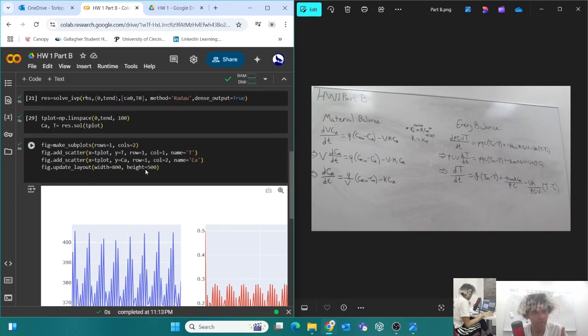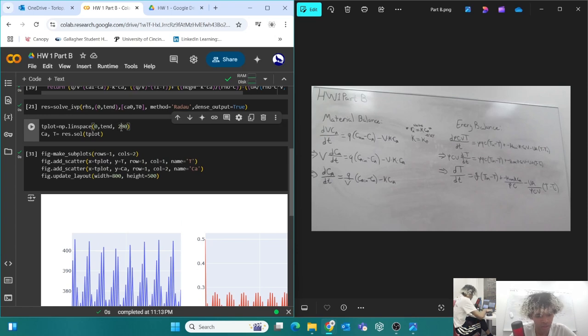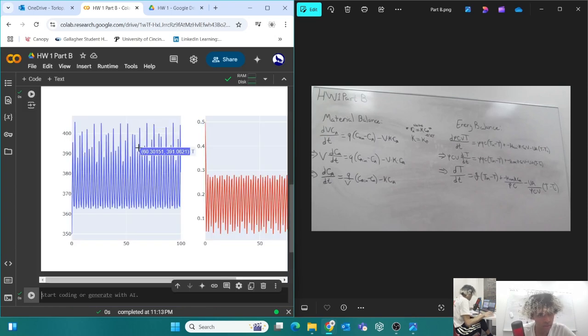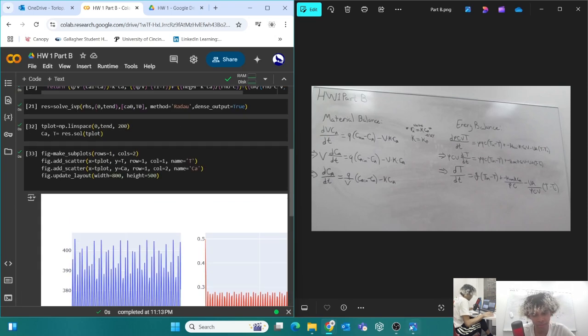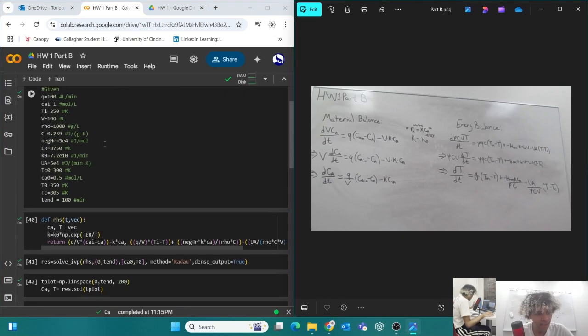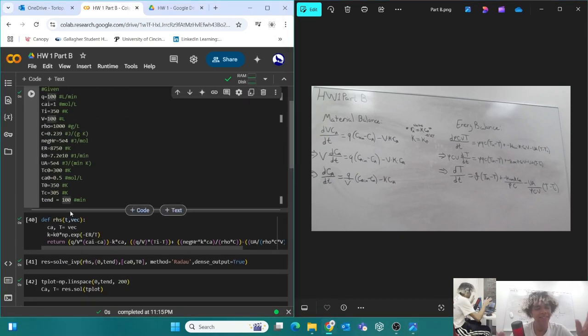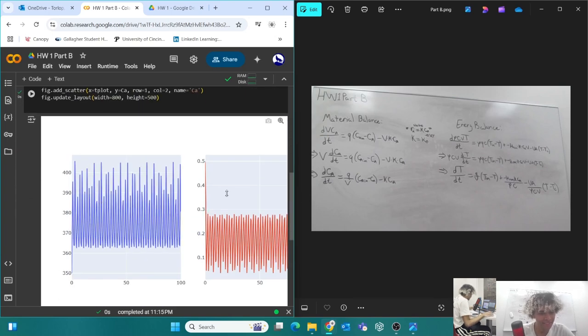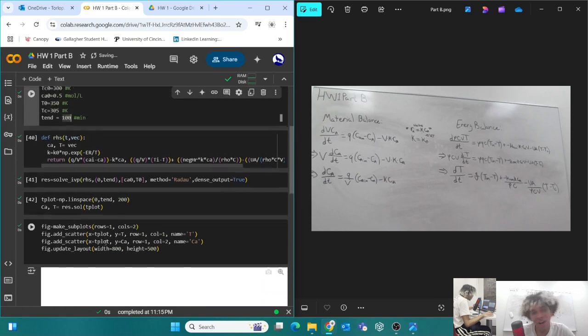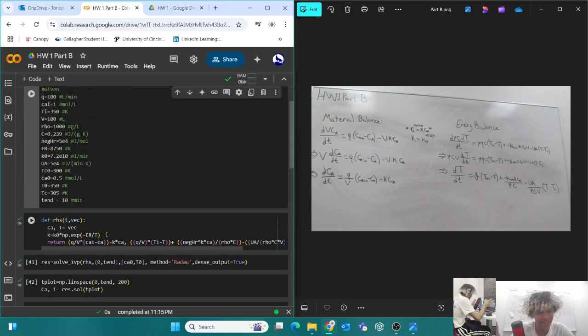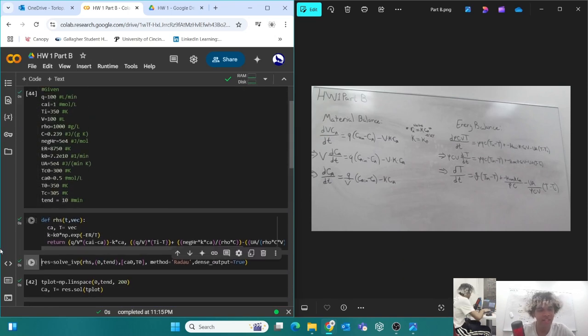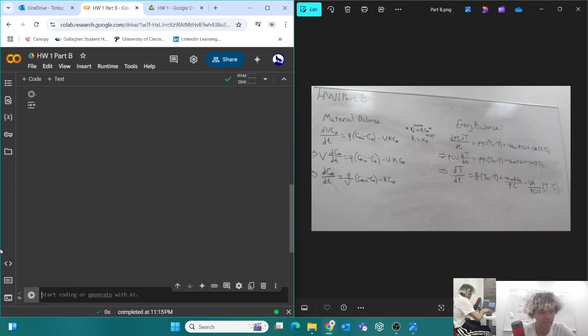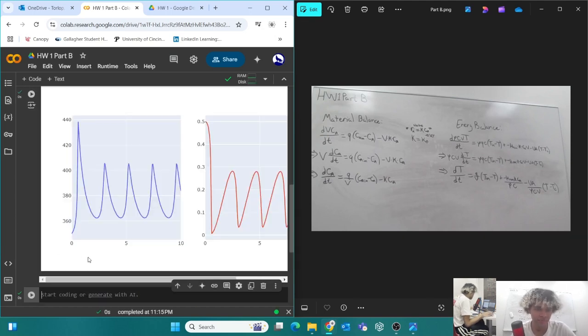Give me one moment. I'm going to see why it's still doing this. Okay, so I'm back, and I figured out what the issue is. I need to change the minutes, because right now it's reading for 100 minutes, and that's why it's so jarring. So we're just going to look at a smaller section of the total time. In this case, we're going to look at 10 minutes.